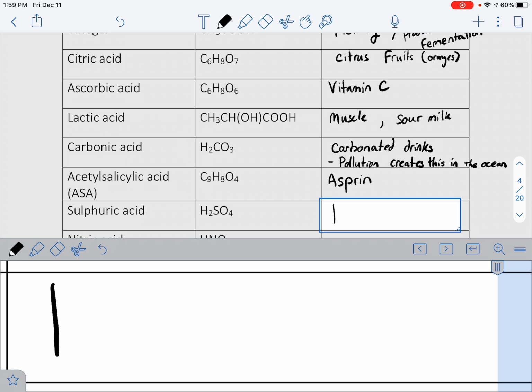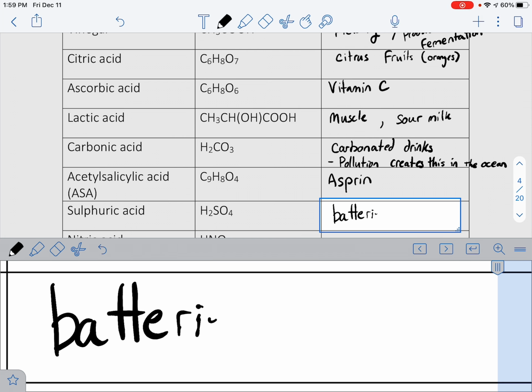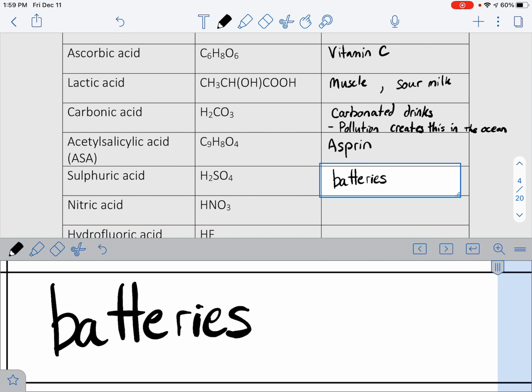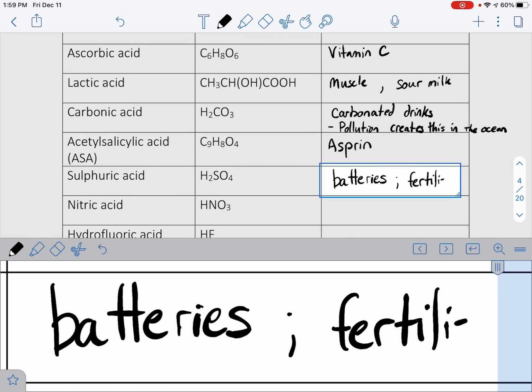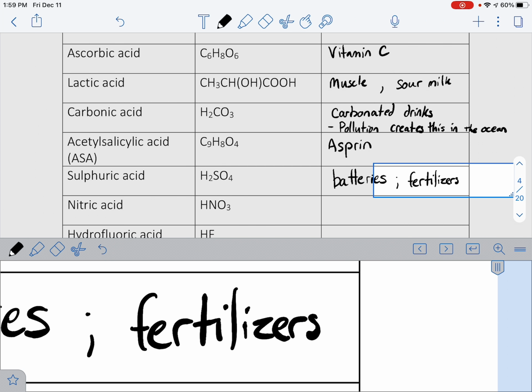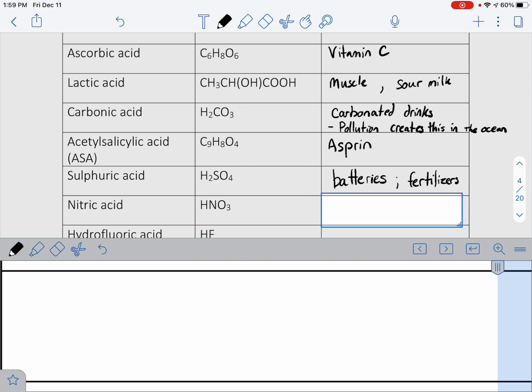Sulfuric acid is in batteries. When I mentioned earlier the lead acid batteries, the acid in lead acid batteries is sulfuric acid, and it's also in fertilizers. Nitric acid is a pollutant.